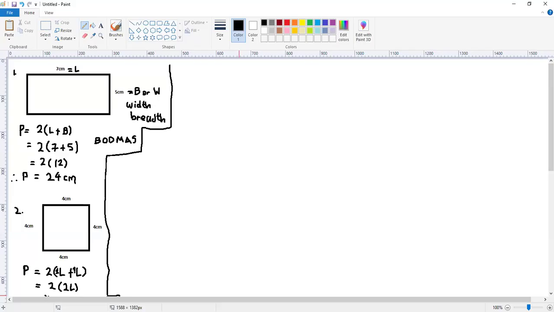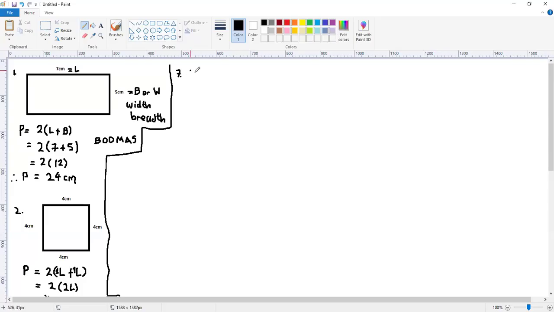Okay, so let's solve that question. Can you help me read the question out? Yes, please. Calculate the volume of a cuboid measuring 12 centimeters by 10 centimeters by 6 centimeters. Okay. Now, that question is quite straightforward.